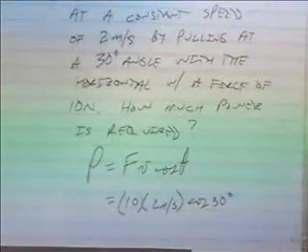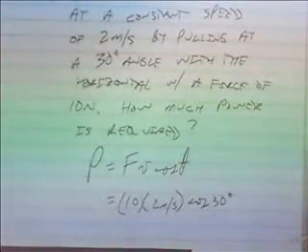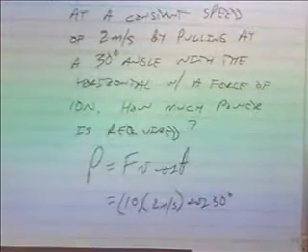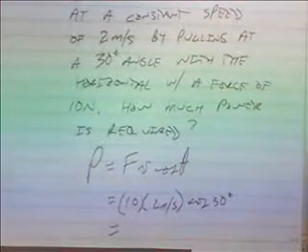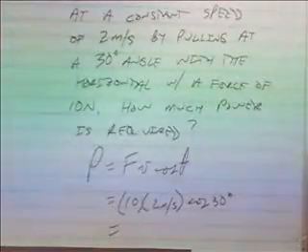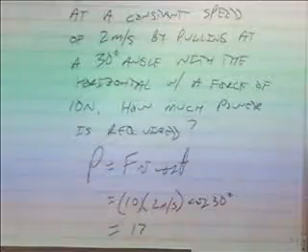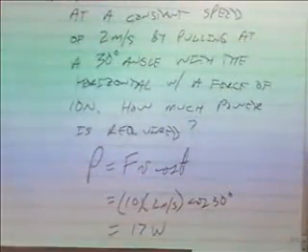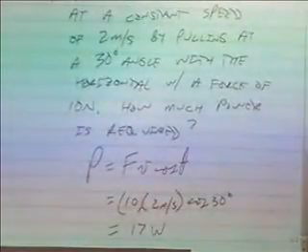So if I'm in degree mode and I do cosine of 30, I get about 0.87. So 10 times 2 times 0.87 is about 17.3 watts.